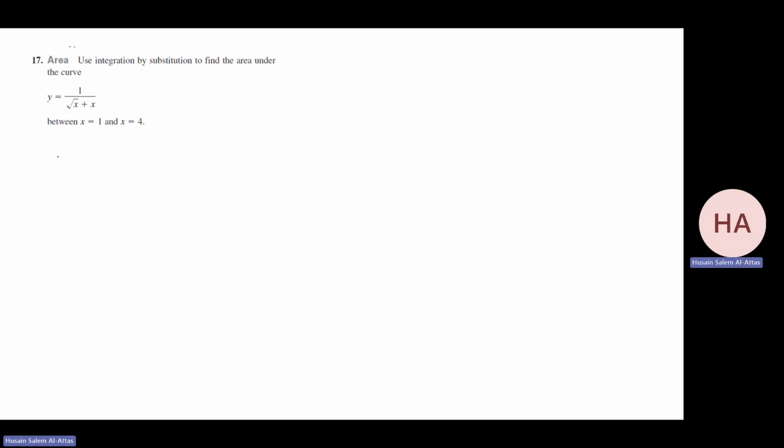I want to find the integral from 1 to 4 of 1 over square root of x plus x dx. Yeah, I have a square root of x. Usually when I have a square root of x, I have what?